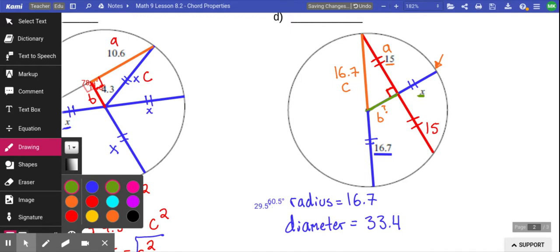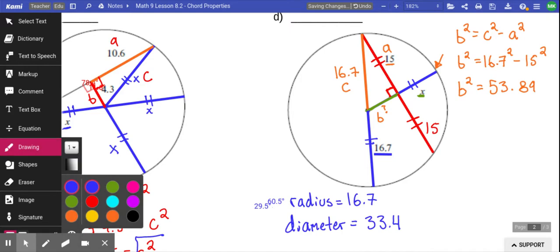So let's go ahead, let's find B. We're going to do that by using B squared equals C squared minus A squared. So B squared equals 16.7 squared minus 15 squared. So B squared equals, we throw that in our calculator, 16.7 squared minus 15 squared, 53.89.